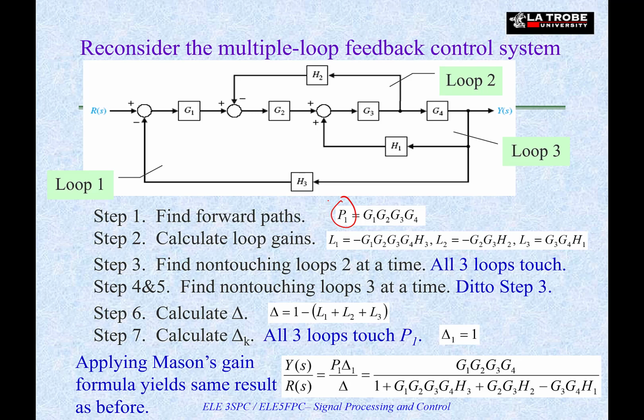So delta 1 is equal to 1. After we get P1, delta, and delta 1, we assemble them to find the final solution of the transfer function Y(s) over R(s) for this multi-loop feedback control system.